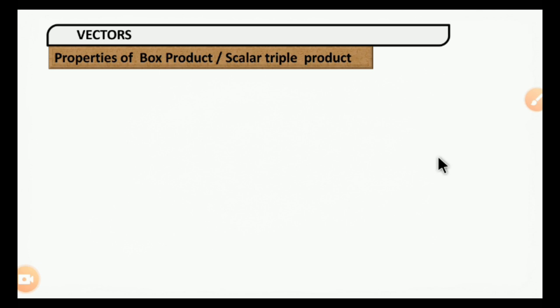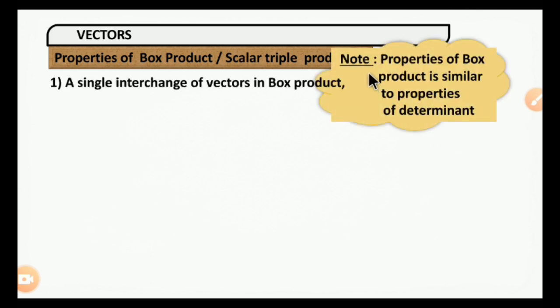What are the properties of the box product or scalar triple product? One important note: the properties of the box product are similar to the properties of a determinant. Consider the first one: a single interchange of vectors in the box product changes the sign of its value.